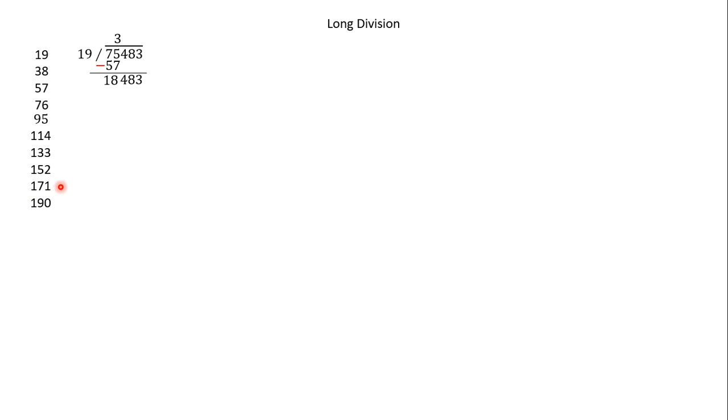So 171 is less than 184. So that's 9 times. 19 goes into 184 9 times. So you can put the 9 on top, and then multiply 9 times 19 to get 171. We're going to subtract that to get 13, and then bring down the 8 and 3.